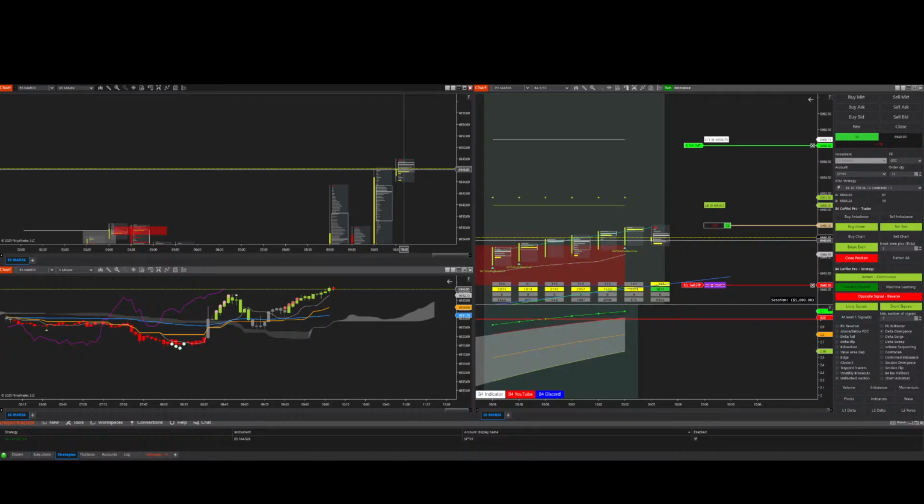I like that the volume is building at the bottom of that candle now.